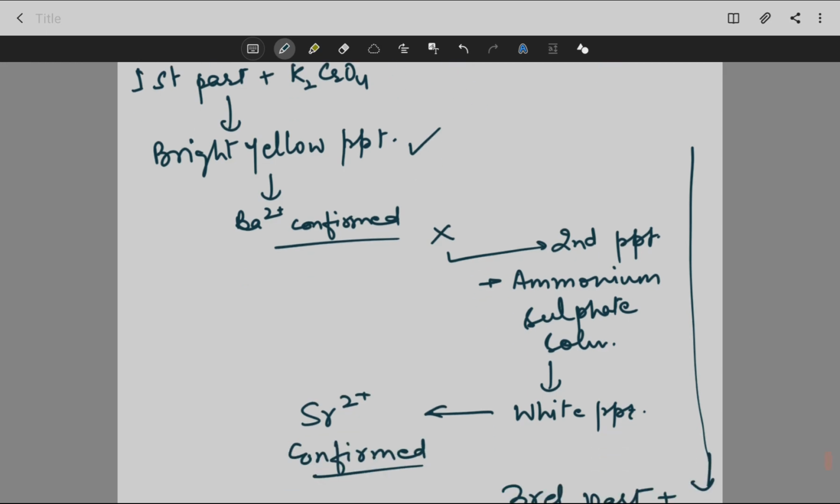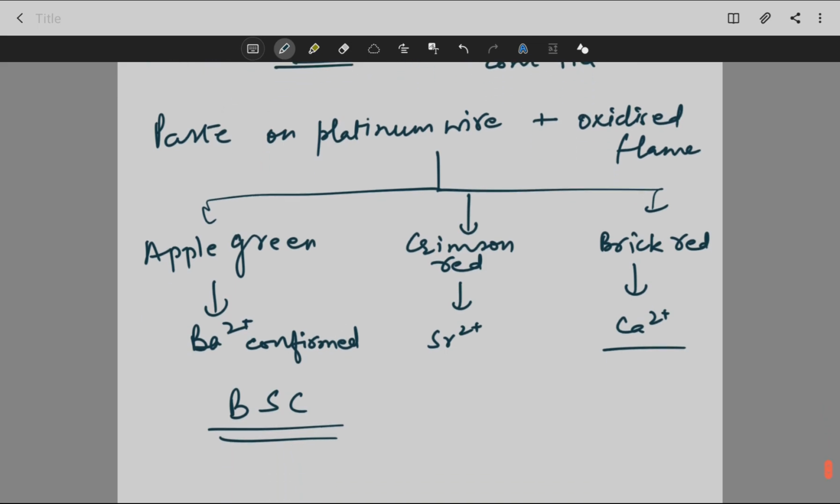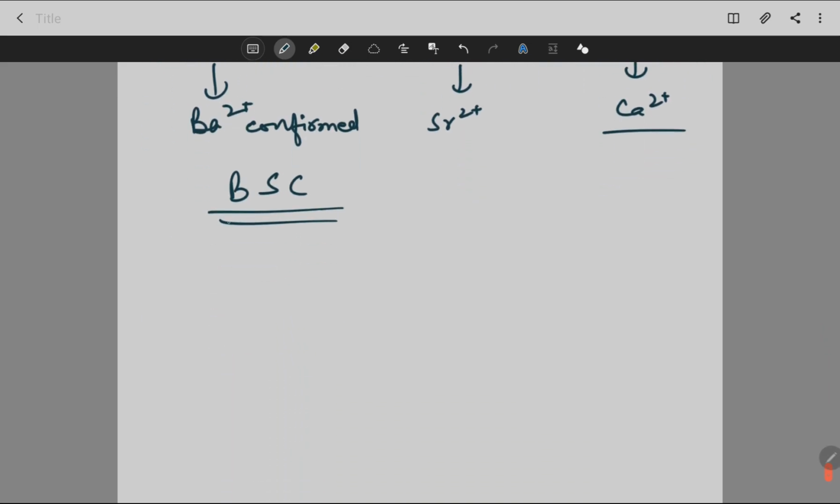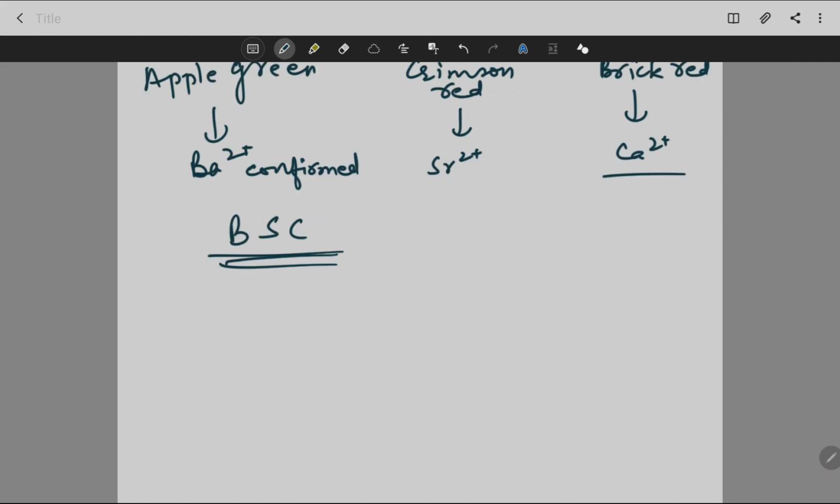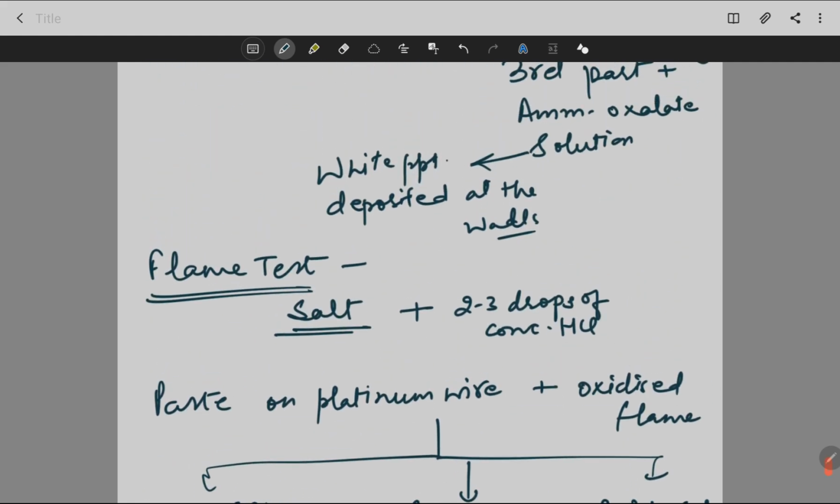That is why we need to follow the proper order, that is BSc, barium, strontium, calcium. But if we don't have any white precipitate after adding saturated ammonium carbonate solution, it means group 5 absent, and then we can move on to group 6. And as I told, this can be done initially itself by performing the flame test.